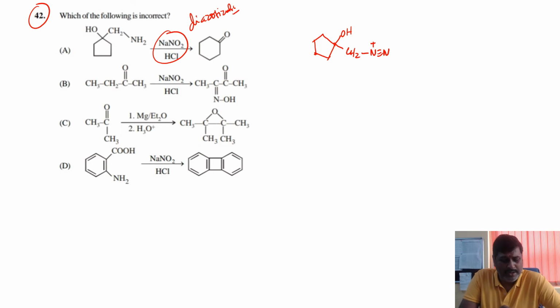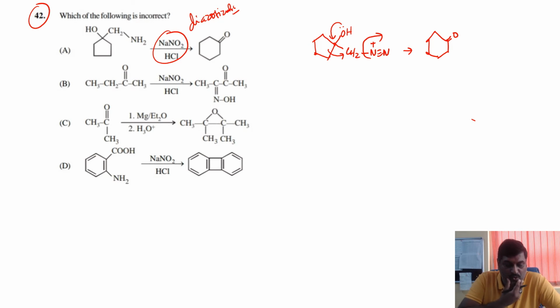You know that NH2 is converted to N2 plus, which is acting as a very good leaving group now, so this one is moving here, and the resultant carbocation is stabilized by this OH group, and so this one is, yes, cyclohexanone. Right, good. You have to find the incorrect one. So this one is correct only, right?